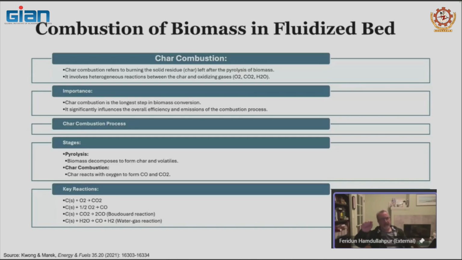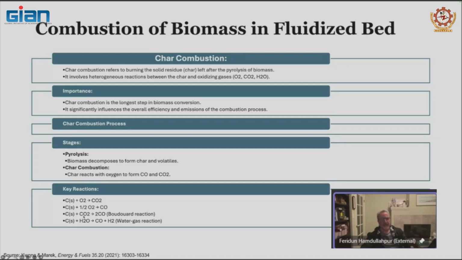But as I said, you cannot keep the time too long, otherwise you're preventing fresh particles from coming in, and your temperature cannot be too high. Then you lose the advantage of a fluidized bed. And the turbulence, you have to pay for. Turbulence is good, but you have to pay for it in the form of more air. But if you have them, then you will achieve them.